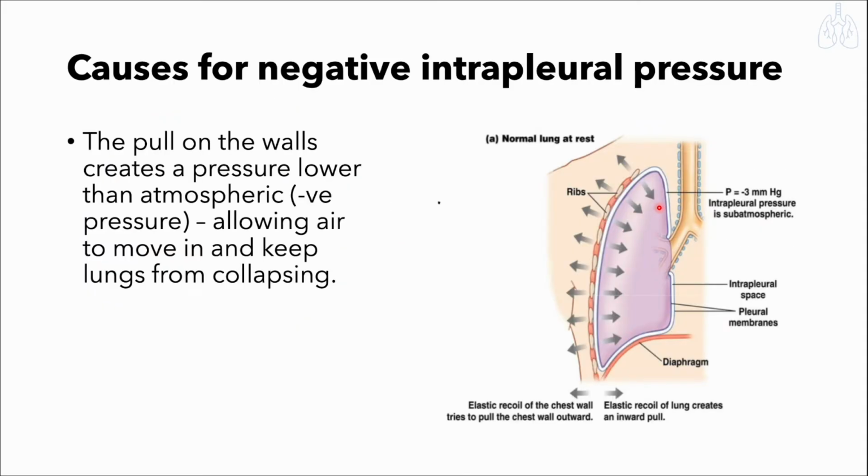Okay, so tadi saya kata the intrapleural pressure is actually negative compared to the intrapulmonary pressure. So how is this negative pressure created? Okay, so how does this intrapleural pressure get negative compared to the intrapulmonary pressure?